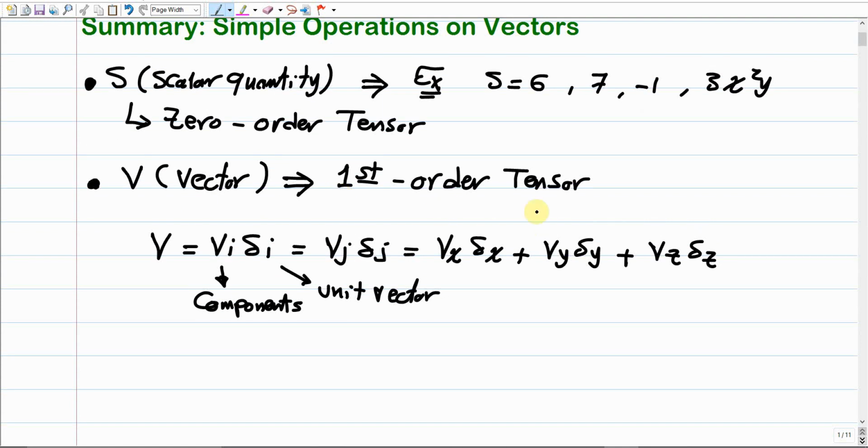You should understand that the vector has three components only: one component parallel to x, another parallel to y, another parallel to z, like a position vector, velocity vector, or acceleration vector.